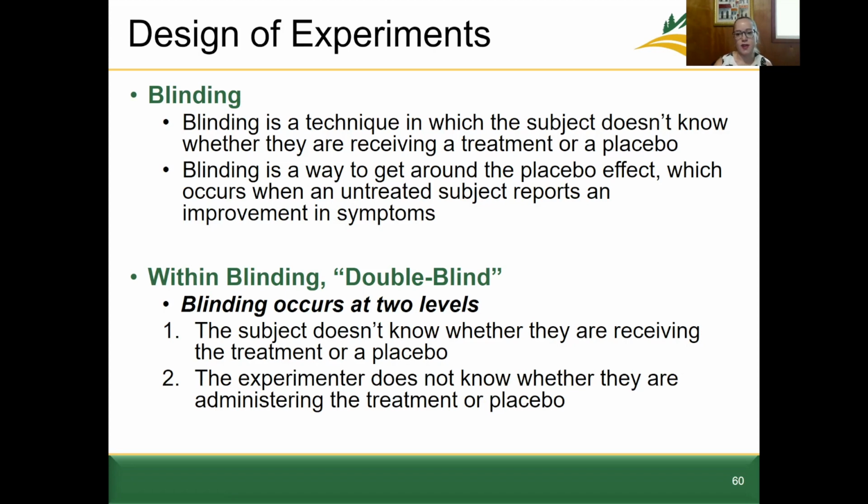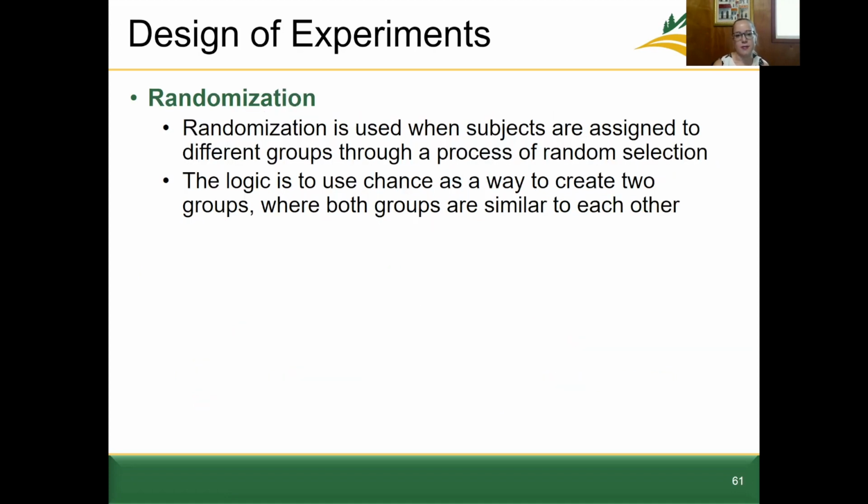Within blinding, we have this concept of double blind, and this occurs at 2 levels. 1, the subject doesn't know whether they are receiving the treatment or the placebo. 2, the experimenter themselves does not know whether they are administering the treatment or a placebo. So that's a way to, again, try to reduce the biases that can occur when we're setting up a statistical study. Another concept here that's important is randomization.